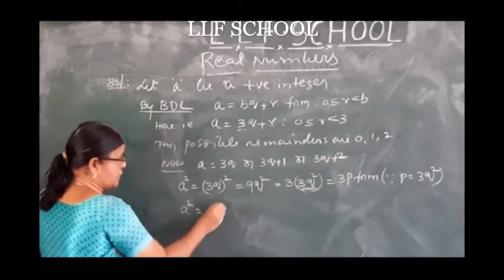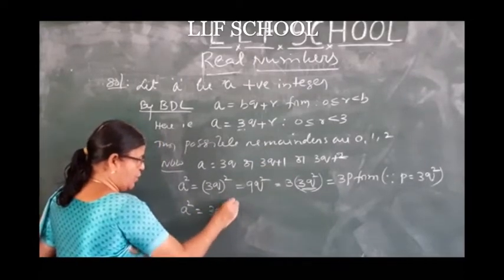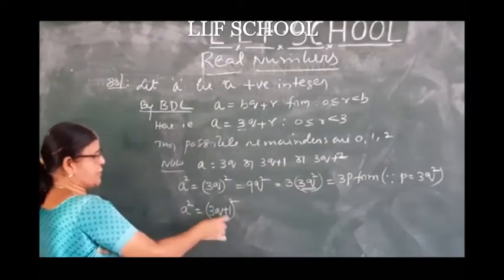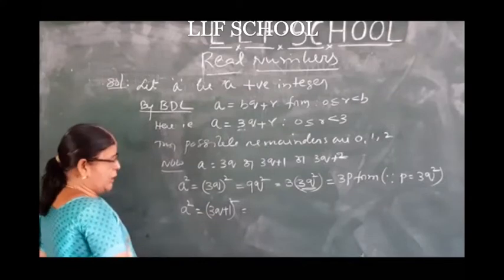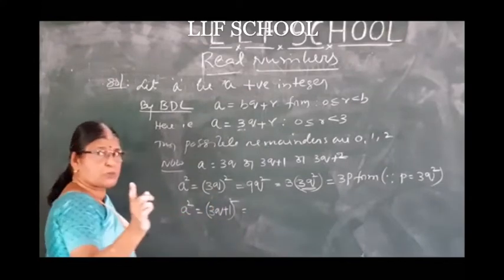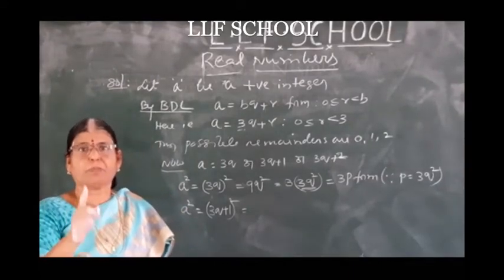Similarly, for the second one, a square is equal to 3q plus 1 whole square. It is in the form of a plus b whole square. The expansion of a plus b whole square is a square plus 2ab plus b square.